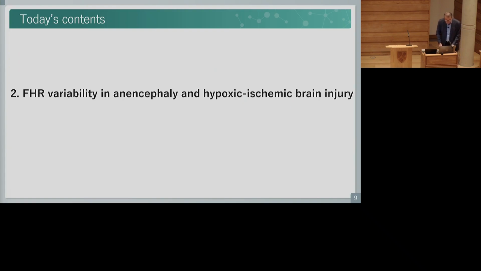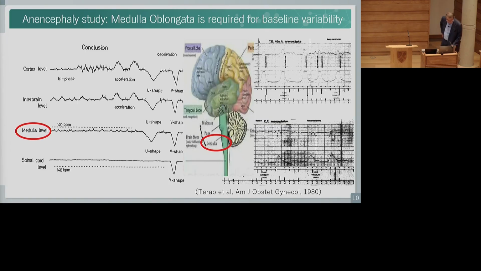I will now move to the second part of my presentation. What happens to variability when the fetal brain is injured? A key study addressing this question was performed by Terao in Japan in 1980.